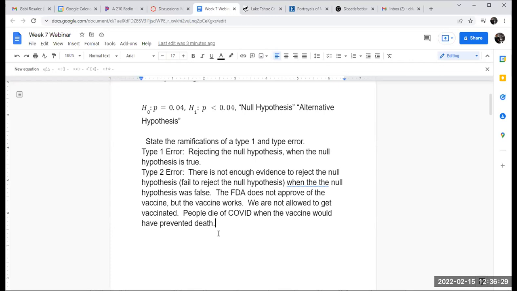Yeah, the testing, right? Finding the type 1 and type 2 error takes 10 minutes, maybe less. But to do a test of 20,000 people with the COVID vaccine, that is hard.